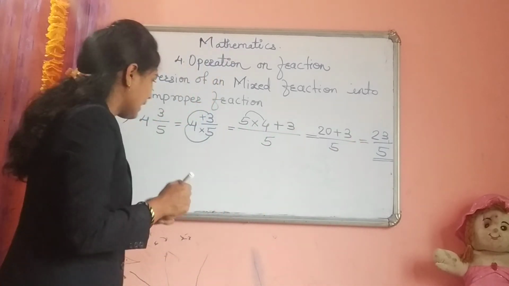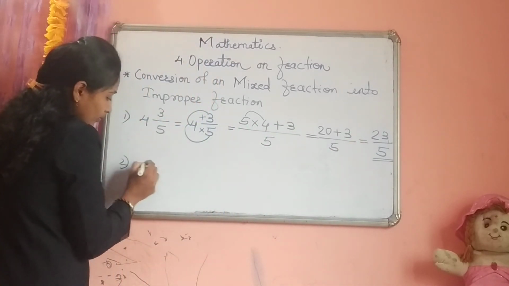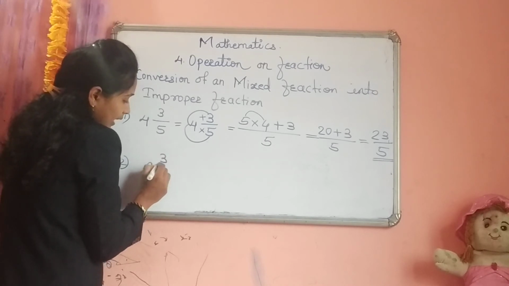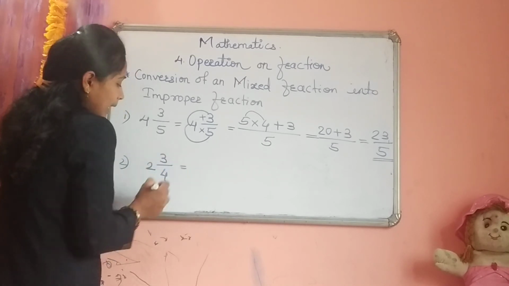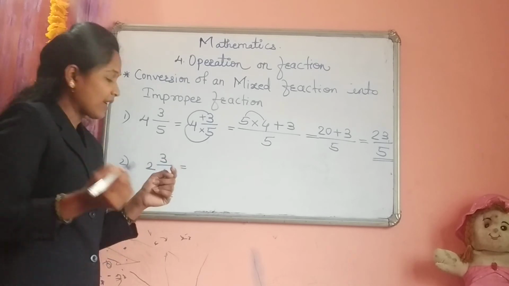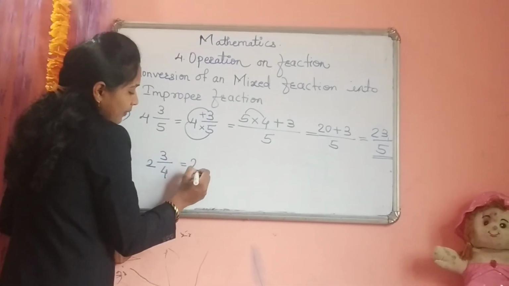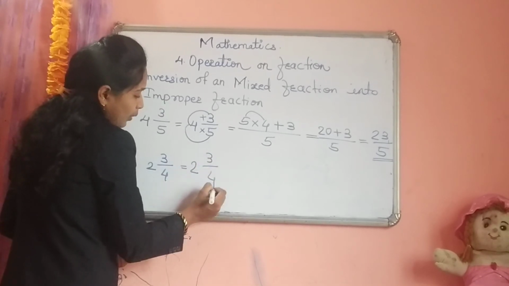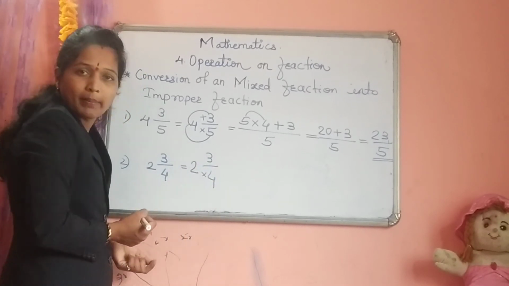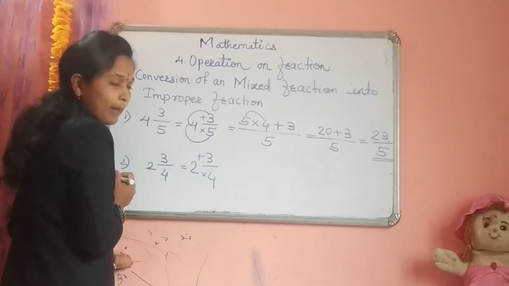Once again, we are taking the next example. Pay attention. 2 3/4. So again a mixed fraction is there, 2 3 upon 4. We write down the fraction as it is. We know that in between these two numbers multiplication is there and in these two numbers addition is there.